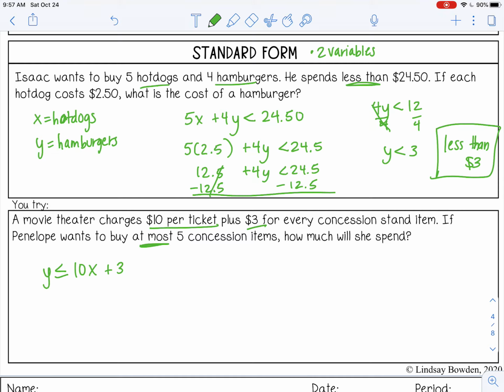Now, be careful. This one actually is opposite from what we normally see. It's 10 per ticket plus 3 for every concession item. But we are looking at concession items, so my X here is actually concession items.